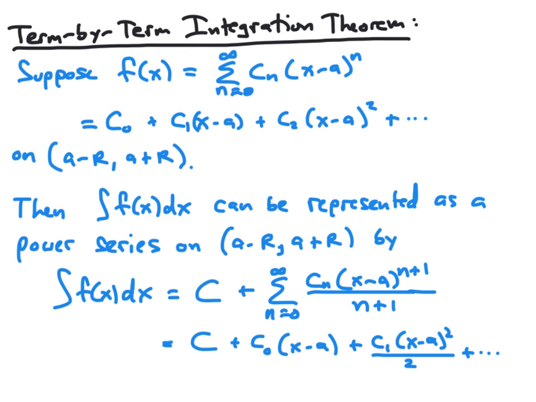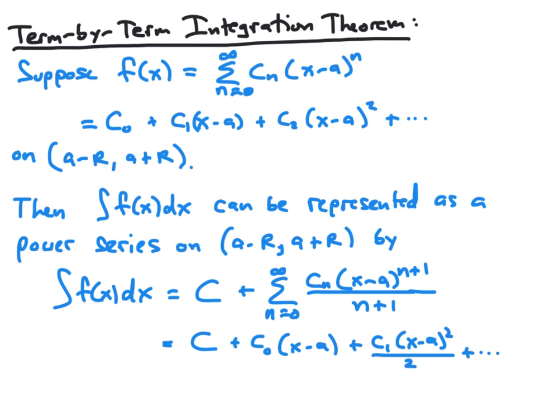The formal statement of this is often called the term-by-term integration theorem, and it says that if we have a function f of x and a power series representation centered at a for that function given by the sum n equals 0 to infinity of c sub n times x minus a to the n on an interval a minus r to a plus r, then the antiderivative of f of x, or indefinite integral of f of x dx, can also be represented as a power series on that same interval from a minus r to a plus r, and the integral of f of x dx is given by the arbitrary constant c plus the sum from n equals 0 to infinity of c sub n x minus a to the n plus 1 all over n plus 1.